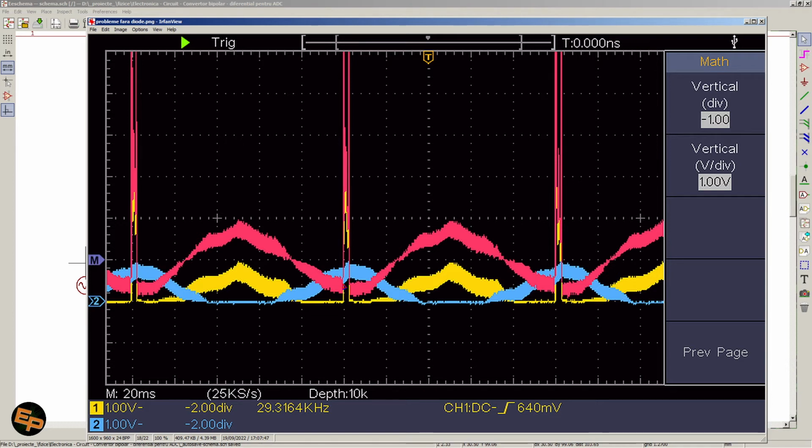This means that in these particular moments, and we can clearly see the signal on the yellow channel, which is basically the signal that one of the op amps puts on the output, but therefore also the signal that one of the op amps sees on the input, goes below the absolute minimum value.